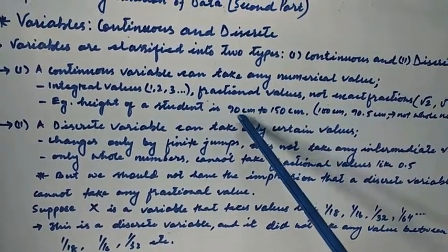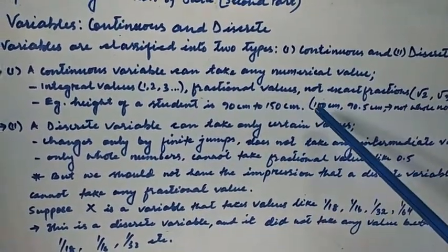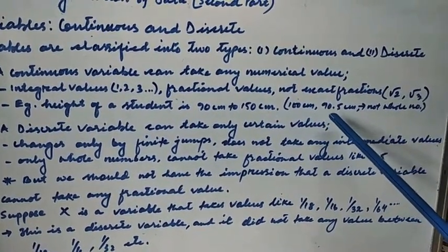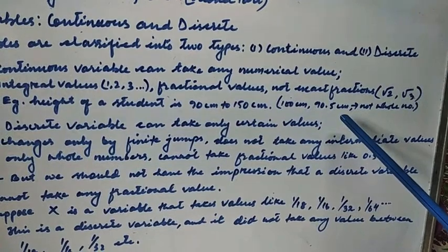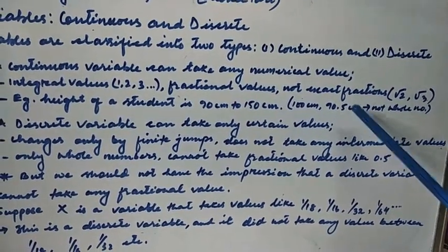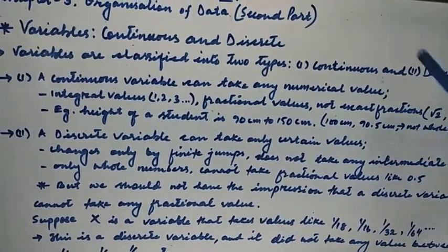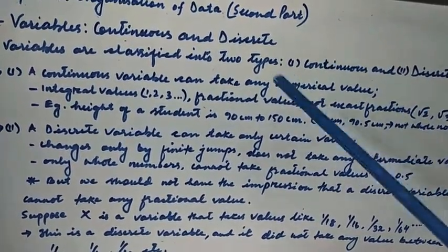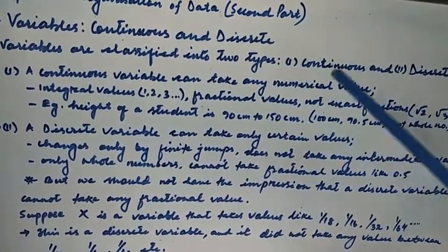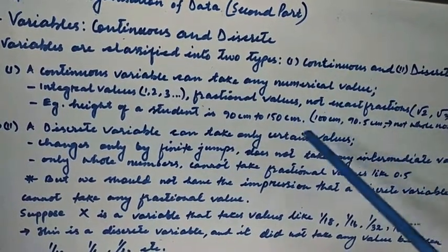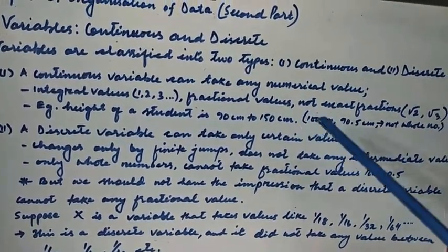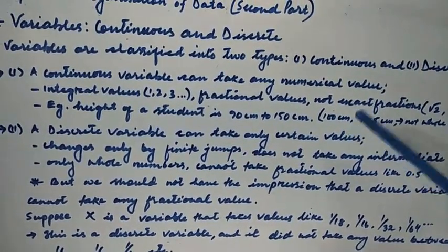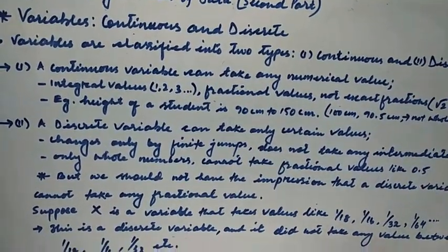The height can be 100 centimeters or 90.5 centimeters, even if it is not a whole number. It is a continuous variable because it can take any numerical value, whether whole number, integer, or fraction.